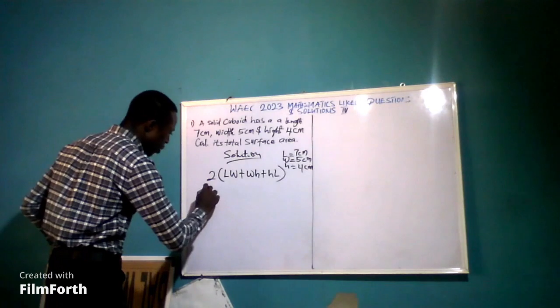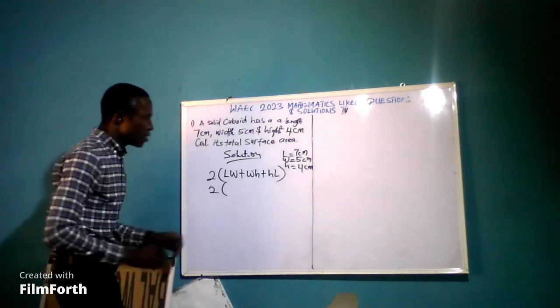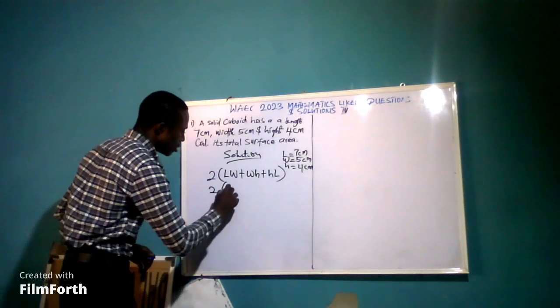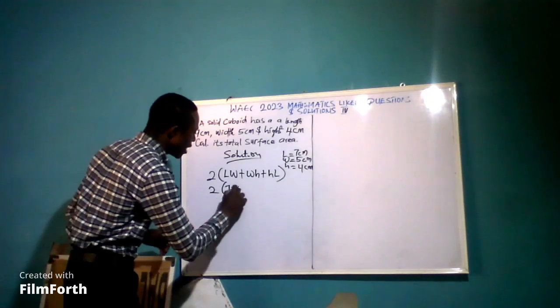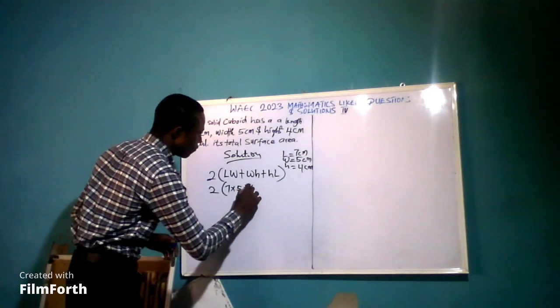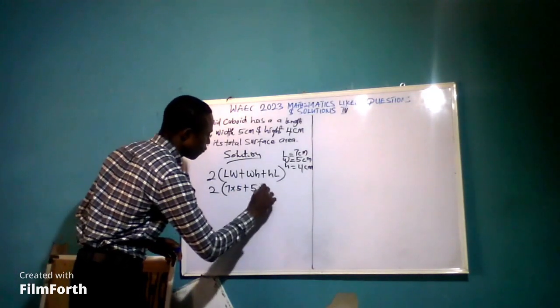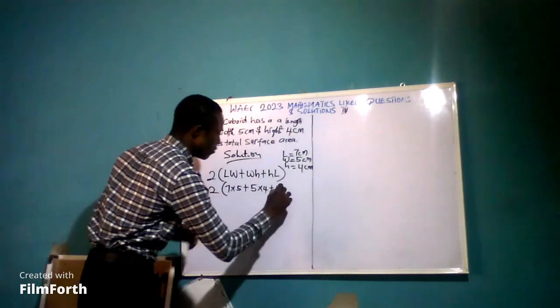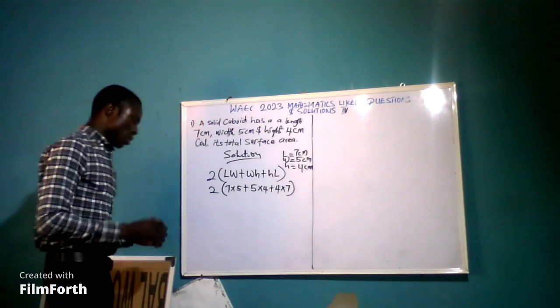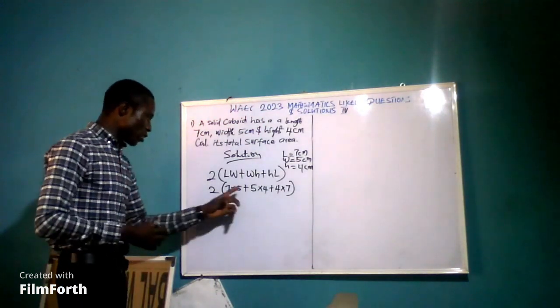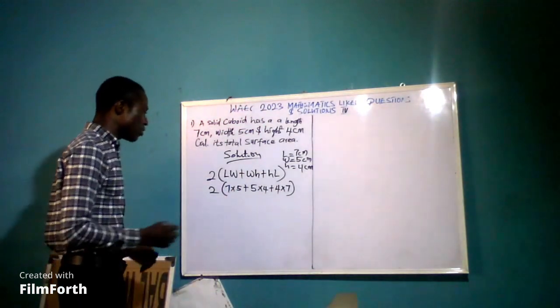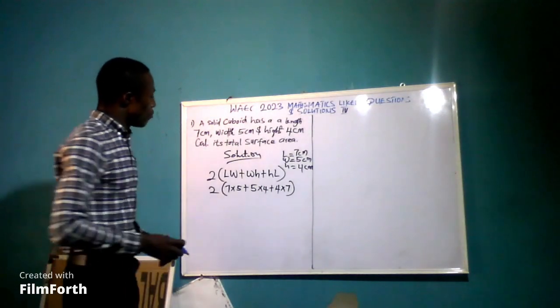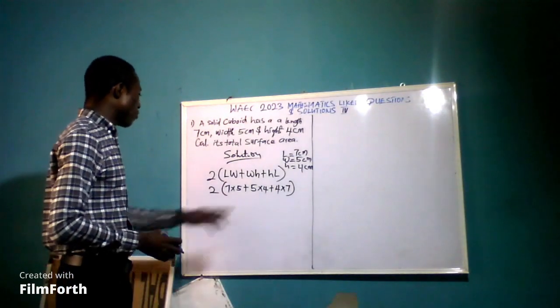Yes, so we have 2 into brackets 7 times 5 plus 5 times 4 plus 4 times 7. So if you do your calculation very well, 7 times 5 will give you 35, and 5 times 4 will give you 20, so you have 55.